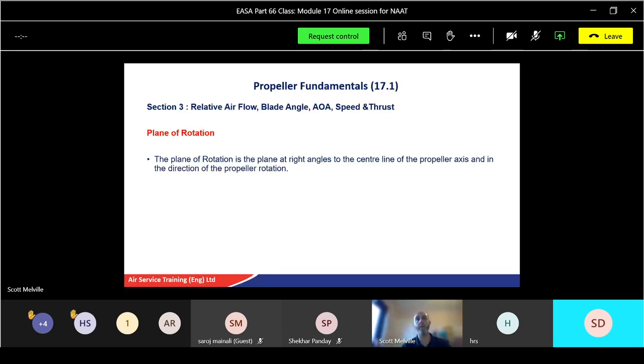Now, some aircraft will rotate clockwise, some propellers will rotate anti-clockwise. Most of them are anti-clockwise, but again, it all depends on where the aircraft was made. Right. Thing important here to highlight in your books is the speed of rotation is directly proportional to the engine speed. Okay, so speed of rotation directly proportional to engine speed. So it's certainly worth highlighting that.